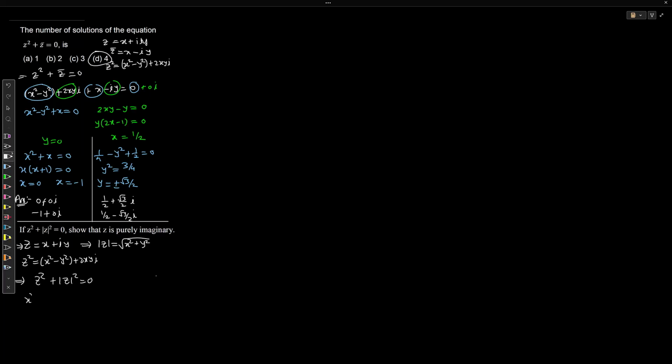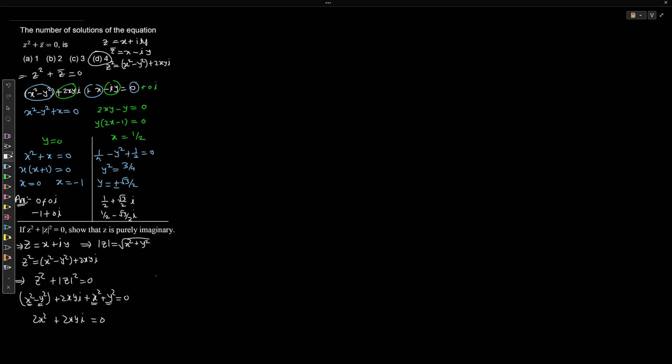Substitute z square, which is x square minus y square plus 2xyi, plus modulus z square, which is x square plus y square, equal to 0. Now collect the real part: x square minus y square plus x square plus y square will be 2x square, plus 2xyi is equal to 0.